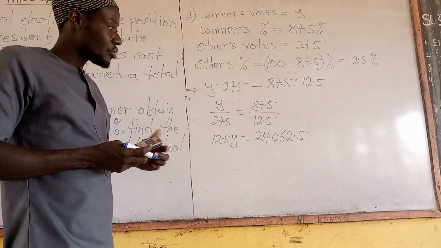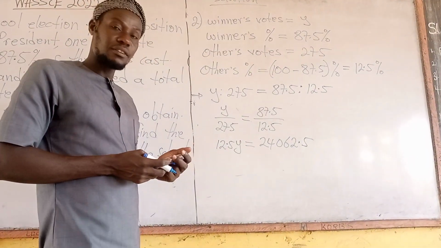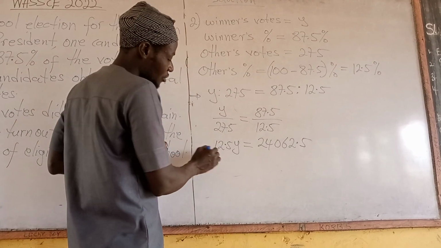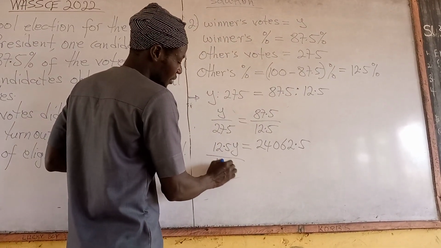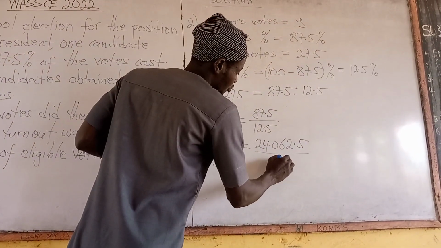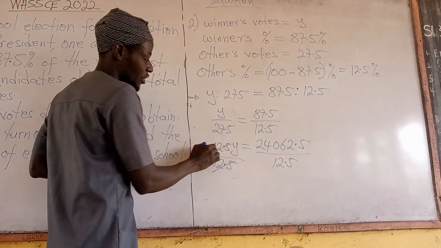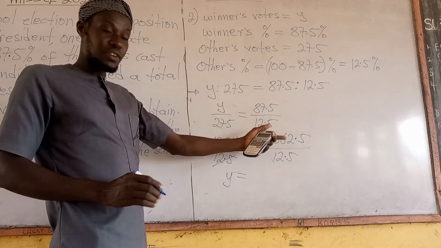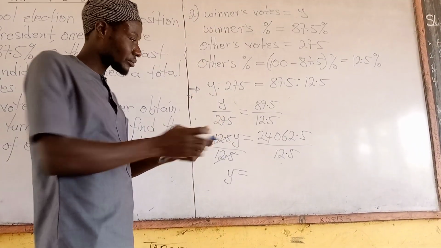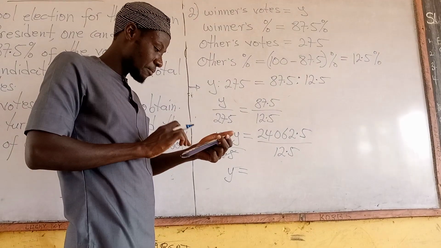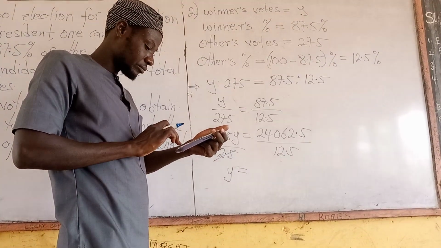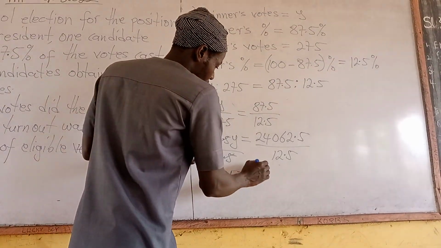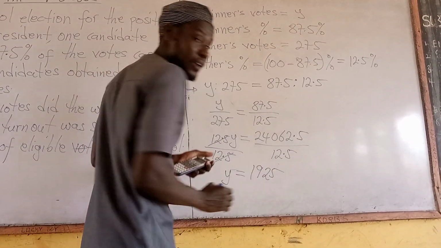Then at this point, we can divide both sides by 12.5. This 12.5 will cancel that 12.5. So our y will be equal to 24,062.5 divided by 12.5, and that is 1,925.